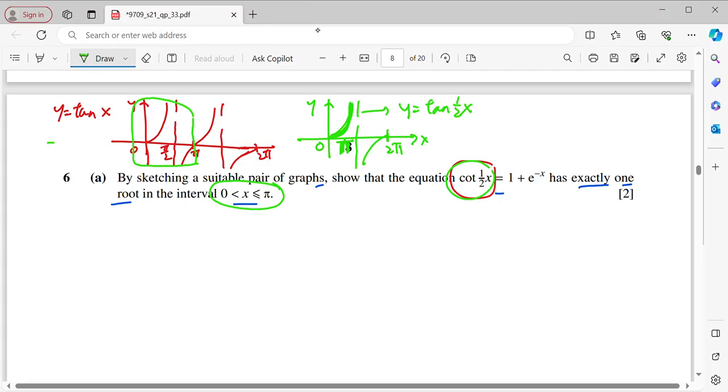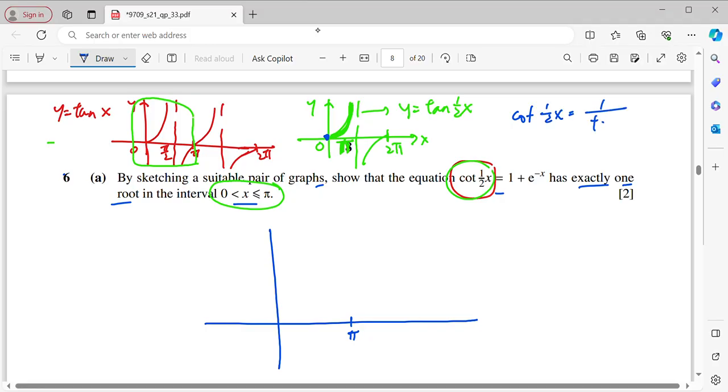Okay, so which means now my graph is going to be okay. So when you refer to the graph, here is 0, so cot half x is 1 over tangent half x. So when it is 0, 1 over 0 will be infinity. Okay, then here going up to be infinity, so it will tend to 0.